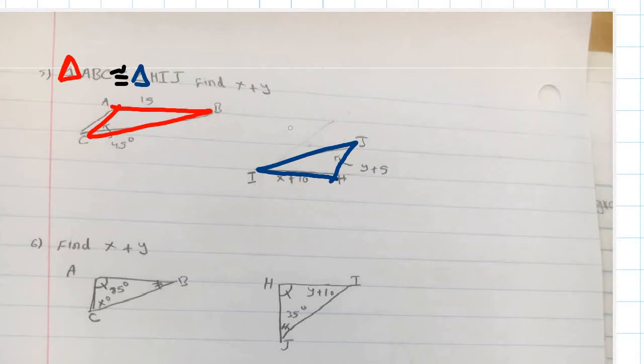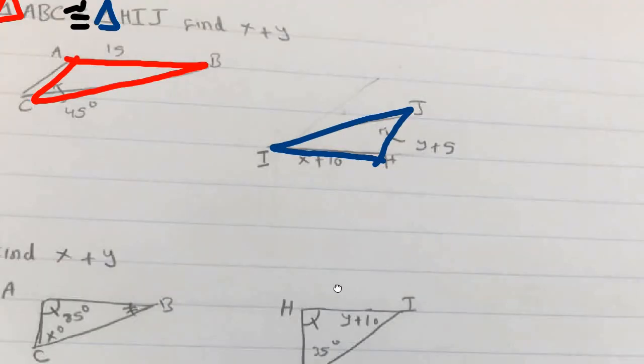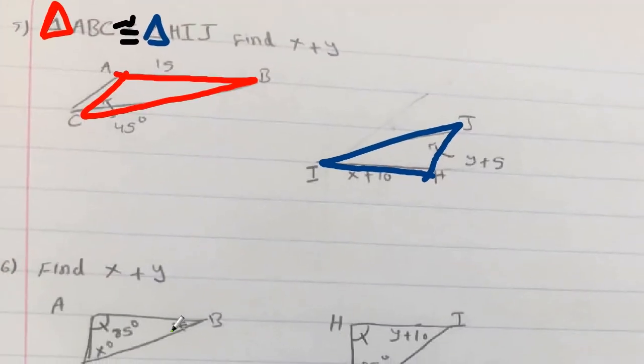Okay, so what you need to know, let's take a close look at this, is that side AB corresponds to side HI. If they're congruent, that means they are of equal length. So we know first thing that the distance of AB is equal to the distance HI.